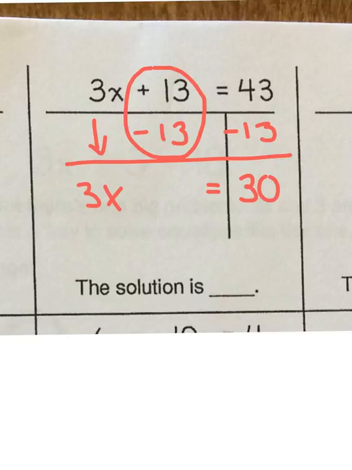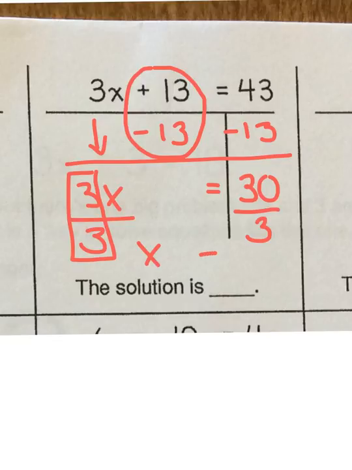You probably can guess it now, but 3 times some number is 30. Let's just say you didn't even know what that was. Well, let's divide by 3, because 3 divided by 3 is 1. And then divide this side by 3, and you get 1x is equal to 10. The solution is 10.